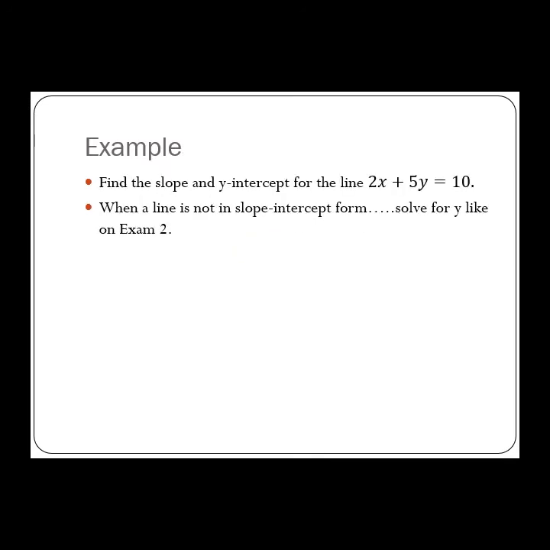If what you're given is not in slope-intercept form, then you're going to have to solve for y. So 2x plus 5y equals 10. I'm going to subtract 2x from both sides, and I get 5y equals -2x plus 10.